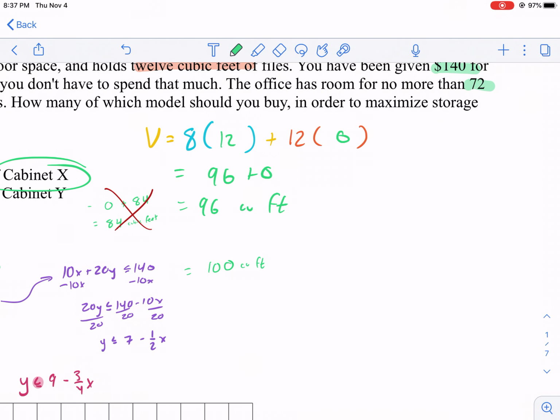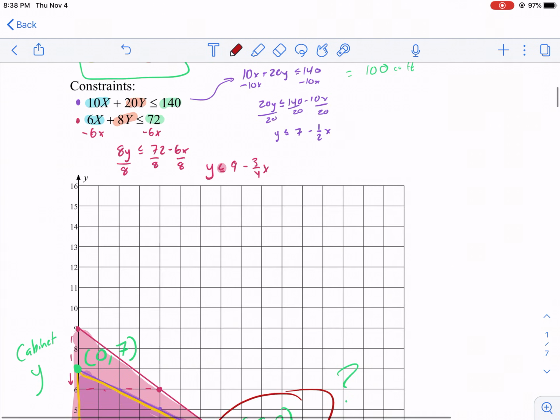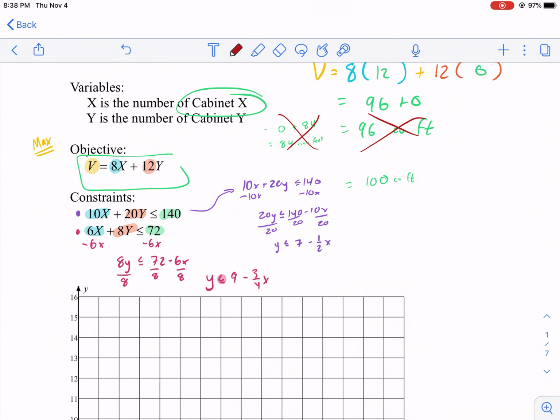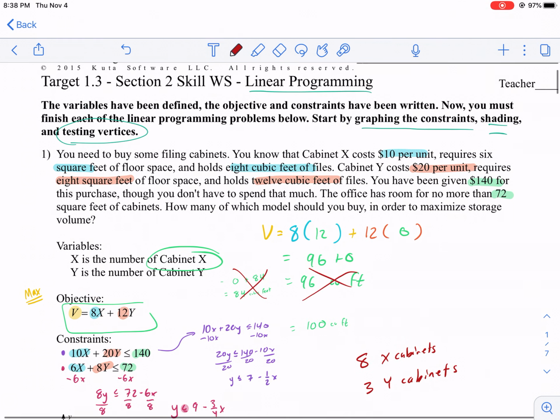So we know that we have a winner, and that is the 8 and 3 combination right here. That is our maximum. That maximizes our objective function. So we want 8 X cabinets, and we want 3 Y cabinets. And that will maximize our cubic feet of storage for this particular office.